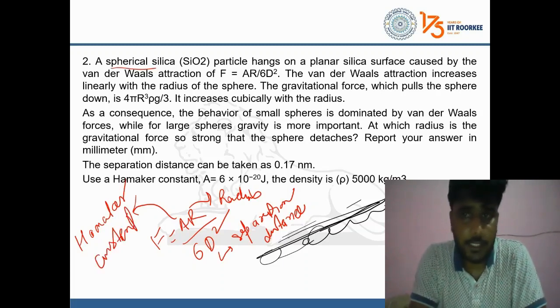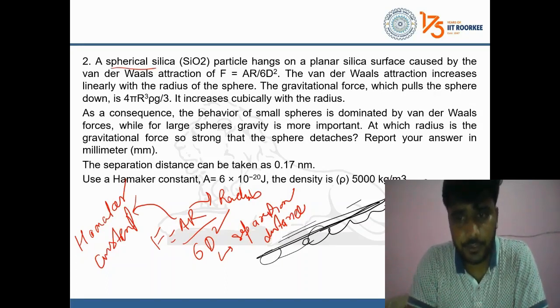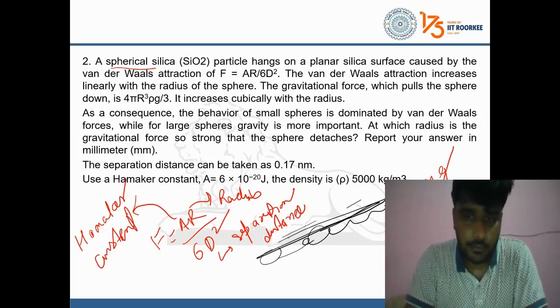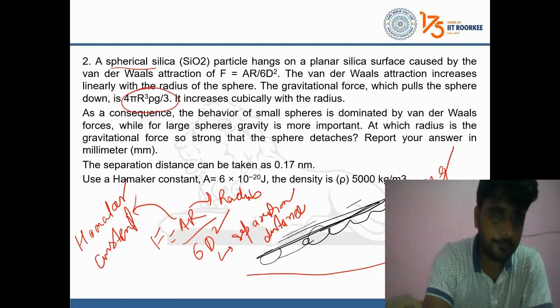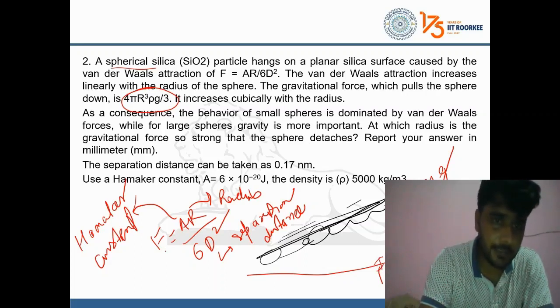The van der Waals interaction increases linearly with the radius of the sphere. The gravitational force is mg, which is rho times V times g. The volume in the case of a sphere is 4 by 3 pi R cubed, times rho g. I represent it by Fg, and this is the van der Waals interaction, Fvdw.